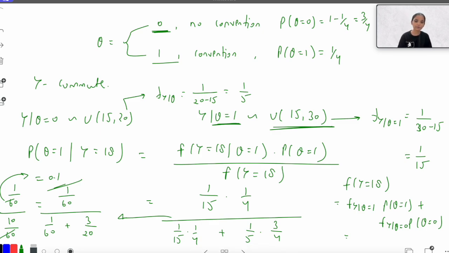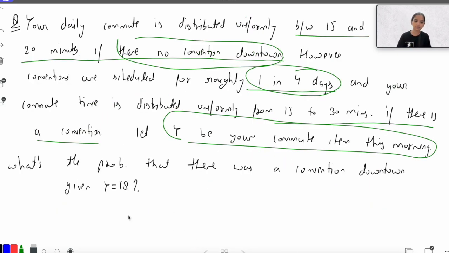Now in the same problem they can frame many questions. They can ask you what's the probability that theta is equal to 1. Let's say they are asking what's the probability that theta is equal to 1 given y is equal to 28, right?